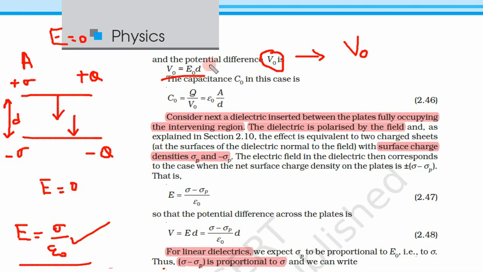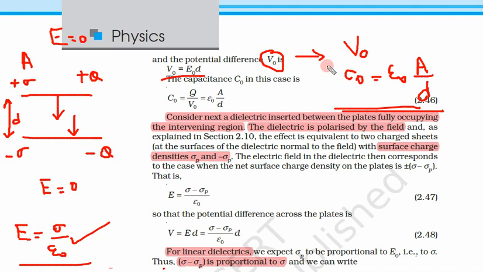So this is sigma D upon epsilon naught. Now the capacitance C naught is simply Q upon V naught, which is epsilon naught A by D. So this is the capacitance in case of vacuum or air.